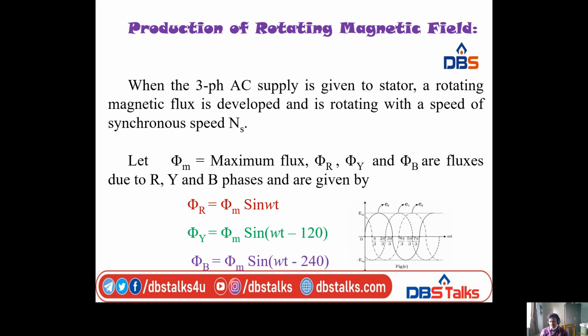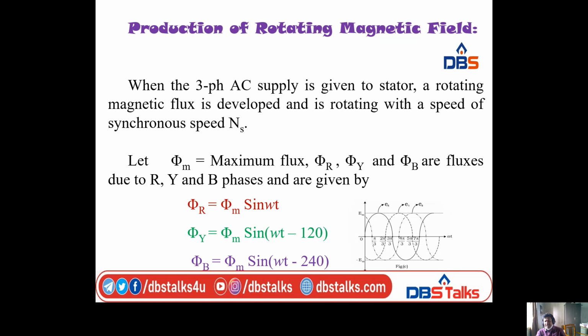Now we have to take the three-phase waveform. Look at the picture. The R phase starts at 0 degrees, the Y phase starts at 120 degrees, and the B phase starts at 240 degrees. So this is the R phase ER, this is the Y phase EY, and this is the B phase EB.